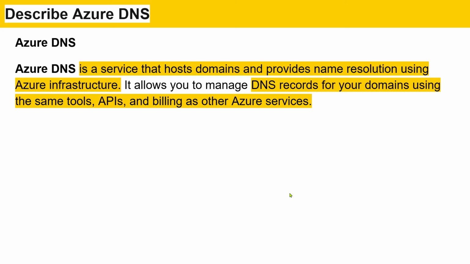People won't remember IP addresses, people would remember your name. We call it a domain name. So the Azure DNS service will host your domain so that everybody in the public can access it, for your company or for whatever purpose you have created it for. You get DNS records for your domains using the same tools, APIs, and billing as other Azure services.